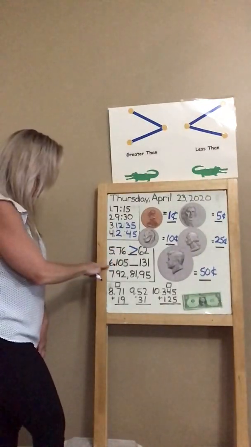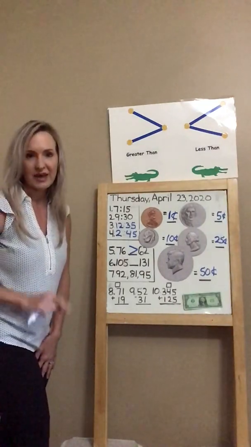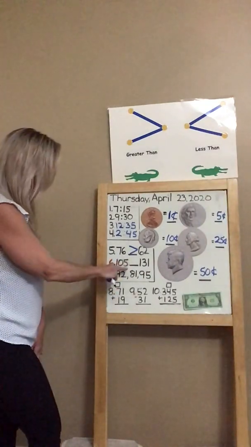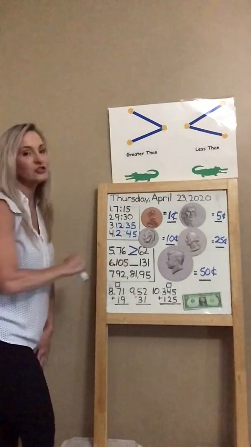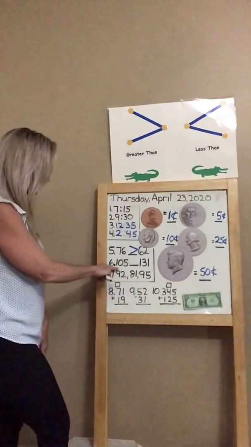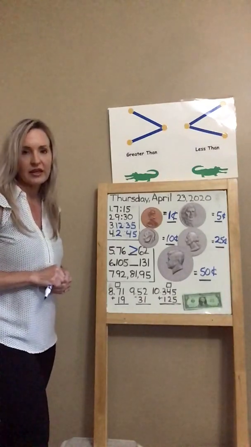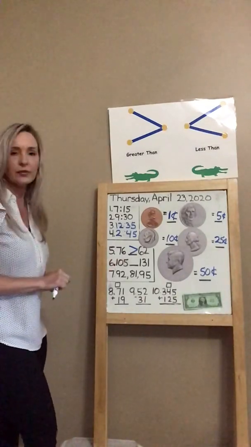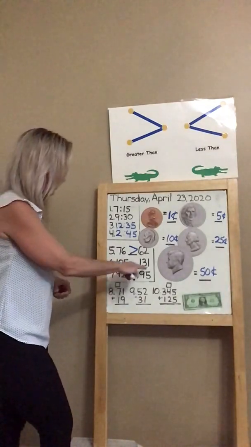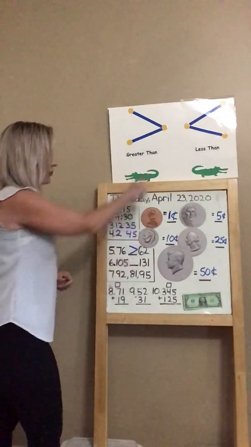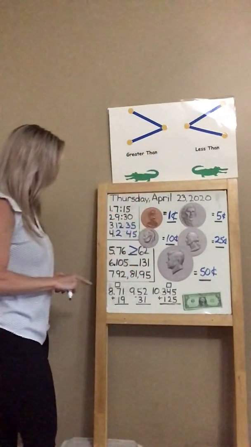Now, how about this? We're going to compare 3-digit numbers. That means you have numbers in your ones place, your tens place, and your hundreds place. I want you to compare the numbers 105 to 131. You could go ahead and write this on your whiteboard. Write 105, 131. Then you may use your symbol to compare the numbers.